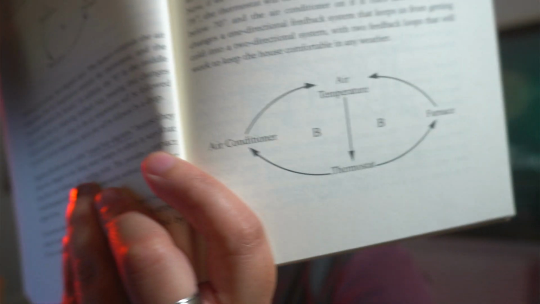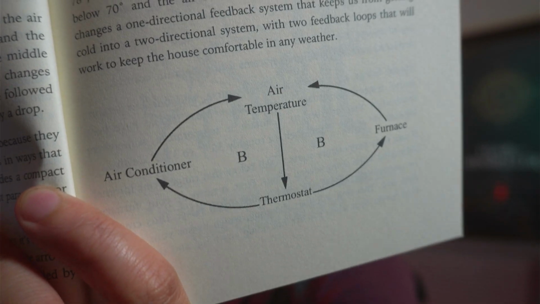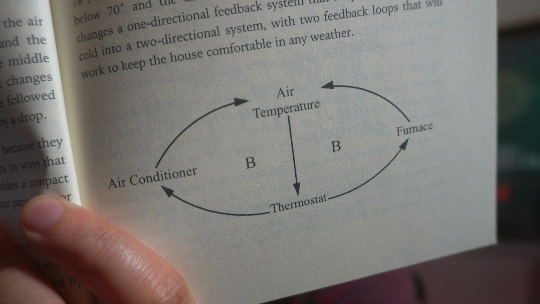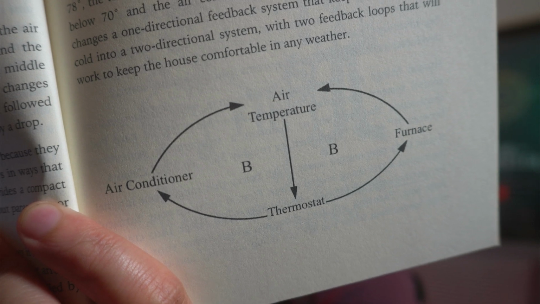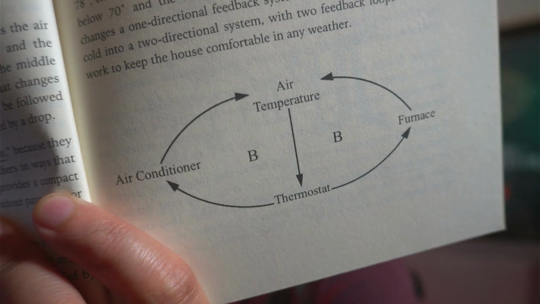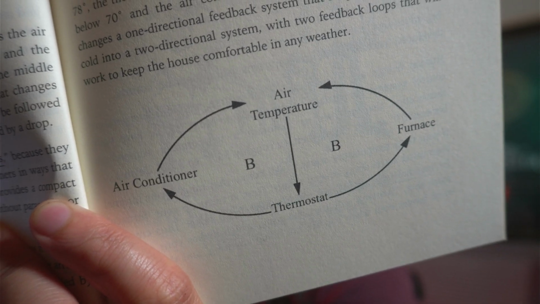Another one is how temperature is regulated in a system. So you have the air conditioner going to the air temperature, going to the thermostat, and the thermostat will identify if it needs to be colder or hotter. So it'll either turn on the air conditioner or the furnace, and then it goes into the air temperature control.